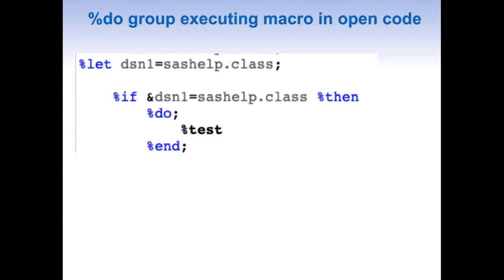Macro execution does not need a semicolon, and if you don't put a semicolon, it is fine. So here I have defined my %let dsn1=sashelp.class, and then this condition is matched in here, so this executes your macro. So %do group helps us also to make the code a little bit simpler by not embedding them completely in a macro whenever we want to do that.